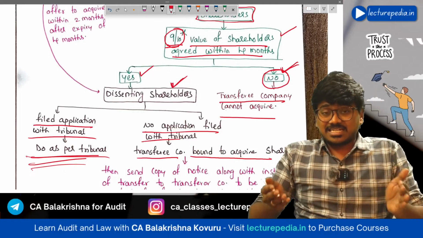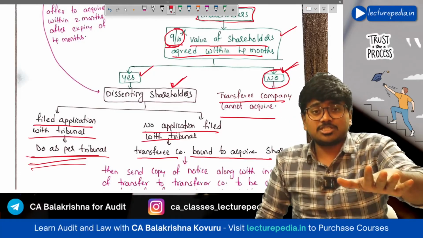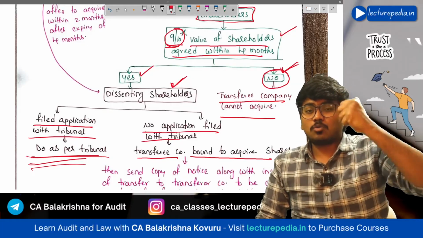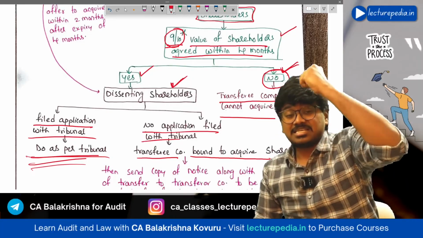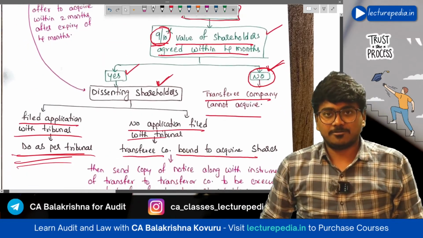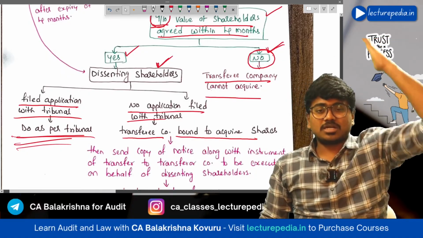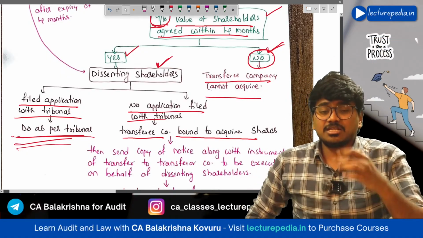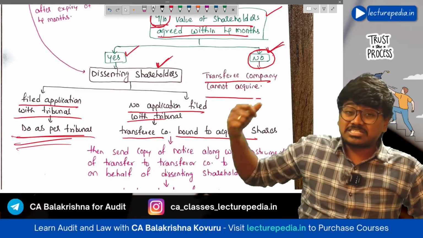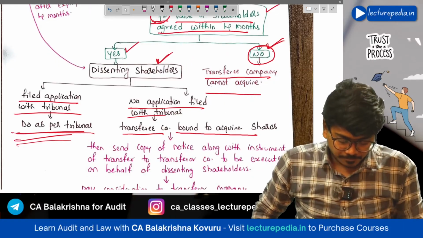If dissenting shareholders have not filed an application with the tribunal, the transferee company will have the right to acquire their shares as per section number 235. Since 9/10 of the value of shareholders are ready to sell, section 235 gives the right to the transferee company to purchase the shares of even dissenting shareholders.